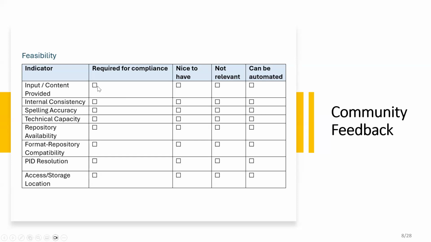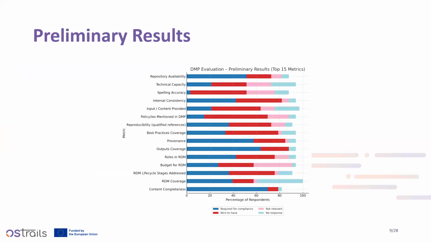If we want something to be required in this SMART DMP evaluation framework that we are designing, if it's not required but nice to have, if it's not relevant, and we also looked at whether this evaluation can be automated or not. So we just ticked whatever we felt was more relevant to our research context and experience. That was the result.